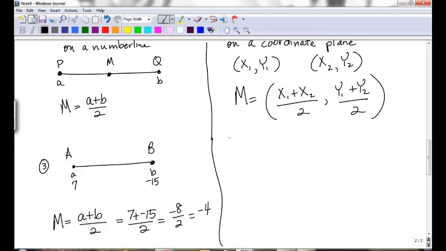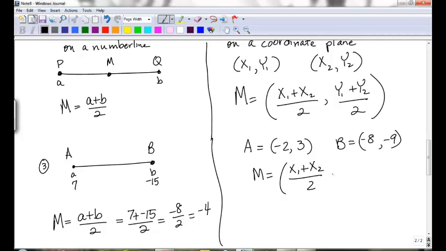Okay, let's say I give you 2 ordered pairs over here. Point A is -2, 3. And point B is -8, -9. Okay, write the formula down first. X sub 1 plus x sub 2 divided by 2. Y sub 1 plus y sub 2 divided by 2.